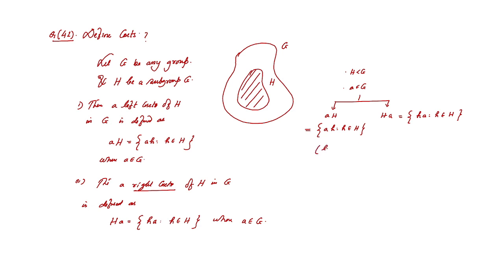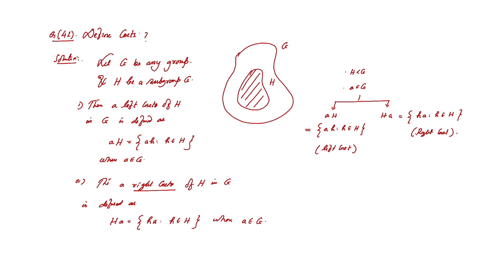So this is called the left coset, and this is the right coset. This is our solution, how to define a coset. It may be a left coset or right coset in a group.